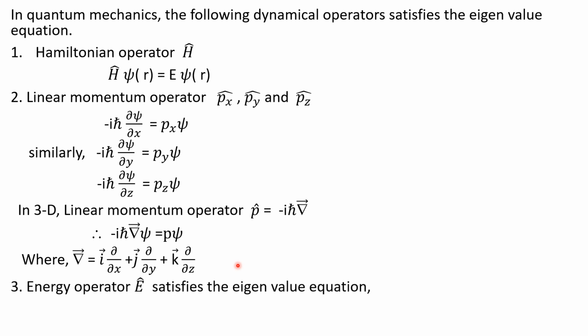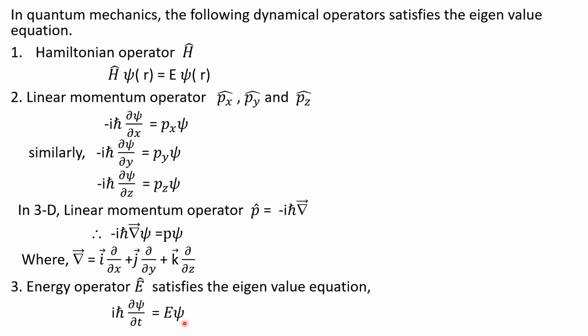Now we use another operator, the energy operator. It also satisfies the eigenvalue equation. What is that energy operator? We also found earlier, i h cross del by del t is a differential operator with respect to time t, which operates on the psi. i h cross del by del t of psi is equal to E psi.